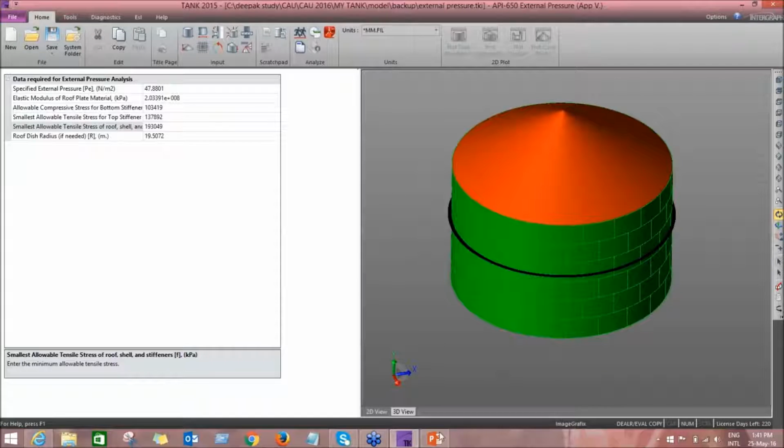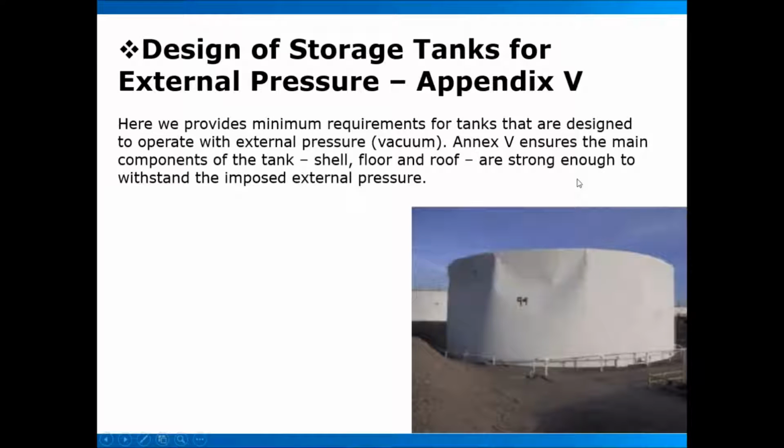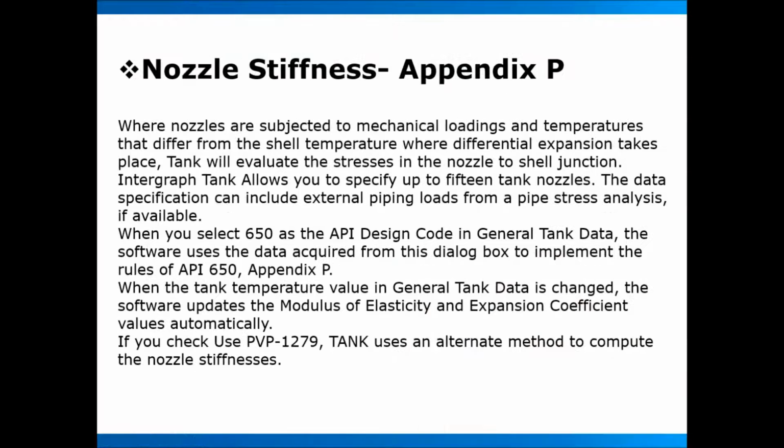Now we will move to our second topic, which is nozzle stiffness as per Appendix P. Under Appendix P, nozzles are subjected to mechanical loading and temperature that differ from the shell temperature, where differential expansion takes place.